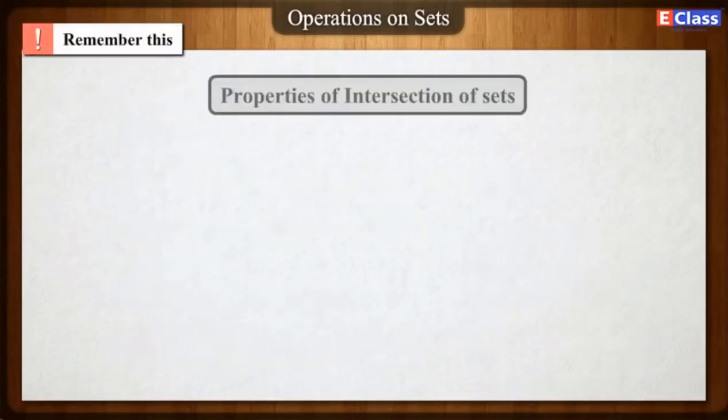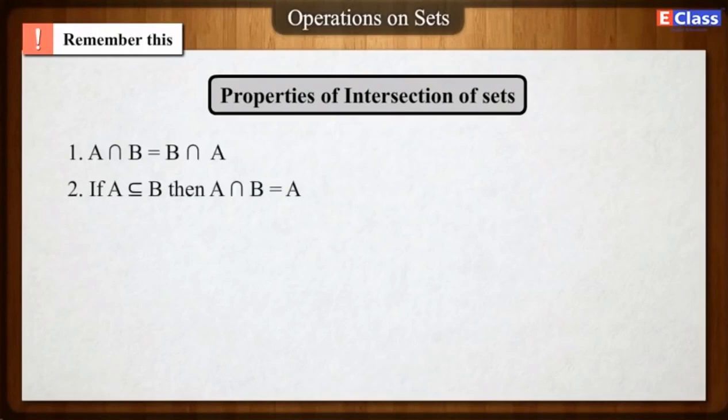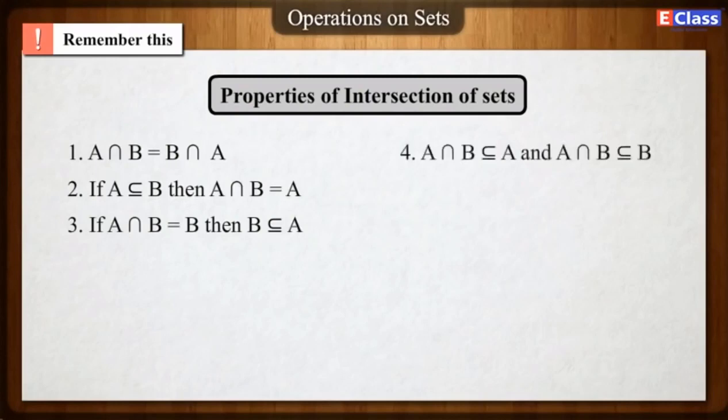Remember this. Properties of intersection of sets. 1. A intersection B is equal to B intersection A. 2. If A is a subset of B, then A intersection B is equal to A. 3. If A intersection B is equal to B, then B is a subset of A. 4.